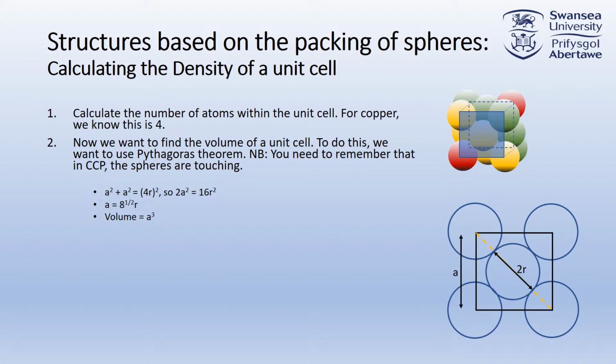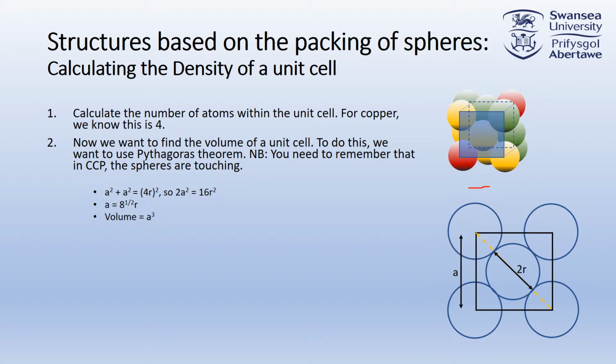So how do we calculate the density of a unit cell? Well, we can use Pythagoras' theorem to do this. If we draw the cube here to represent our unit cell, it's cutting across 4 of the corner spheres if we look at just one face of it. So cutting across the corners of basically 4 of them, and we have a whole sphere in the middle.